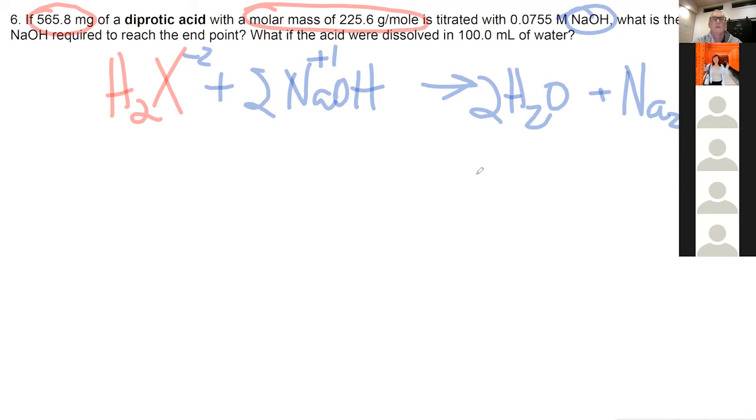Number of moles. We're going to need to figure out a number of moles of something. We're being asked what's the volume of sodium hydroxide required, so basically the number of moles of sodium hydroxide is unknown at this point. If the number of moles of sodium hydroxide is unknown, how do we determine it?